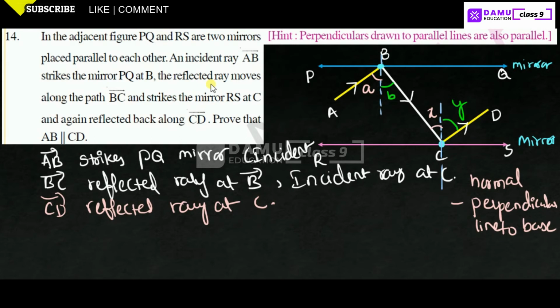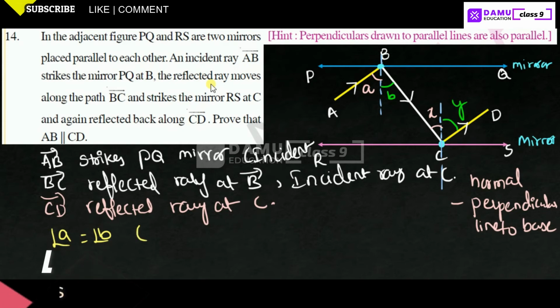So here the angle of incidence and the angle of reflection, these two are equal. That is, angle A will be equal to angle B. These two angles are according to theory.